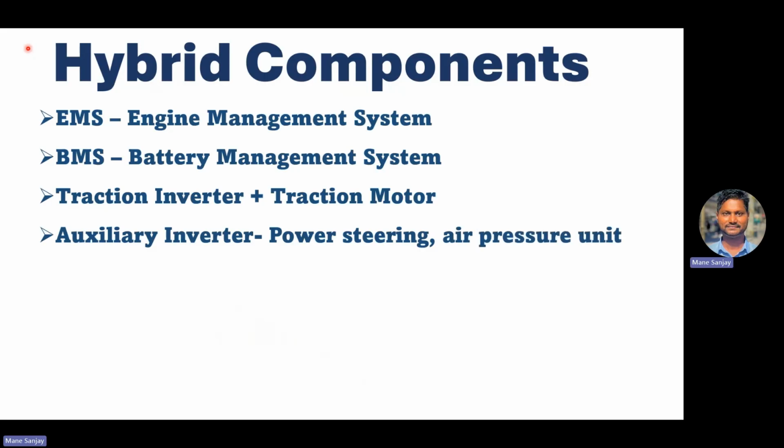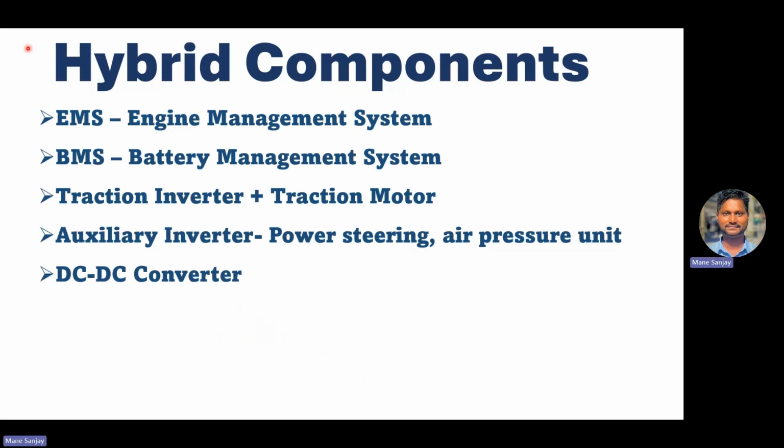The next very important component is the auxiliary inverter. This auxiliary inverter controls the auxiliary motor, and this motor provides the power to the oil pump and the power steering pump. If your vehicle is configured with a pneumatic system, then this auxiliary motor helps to fill the air tank.